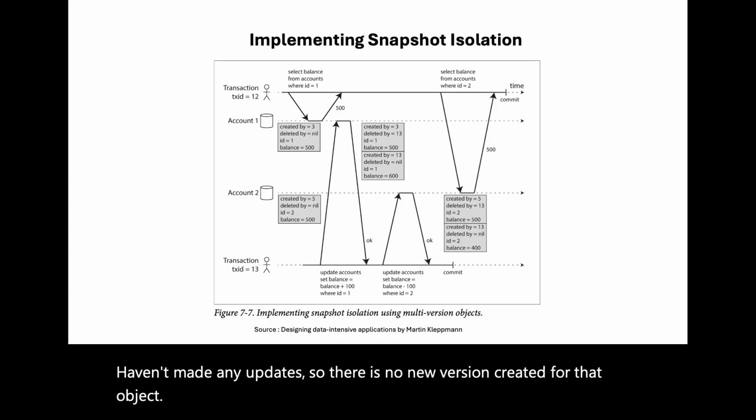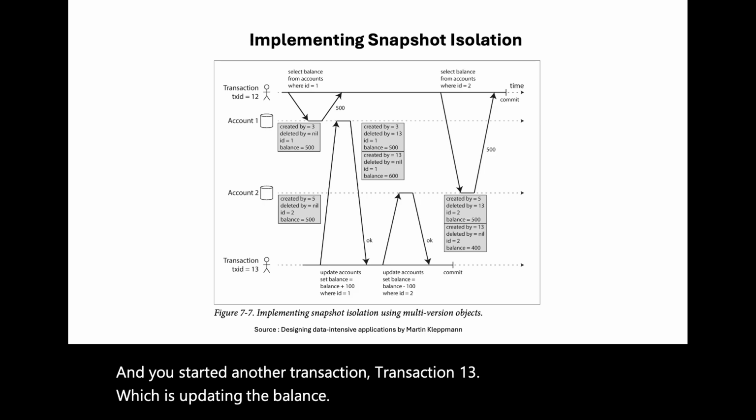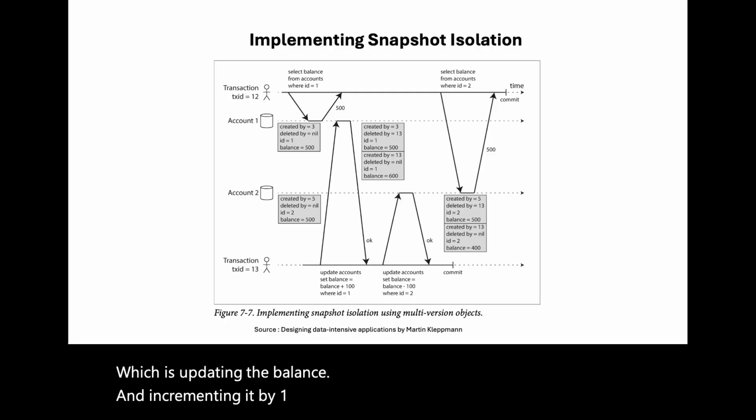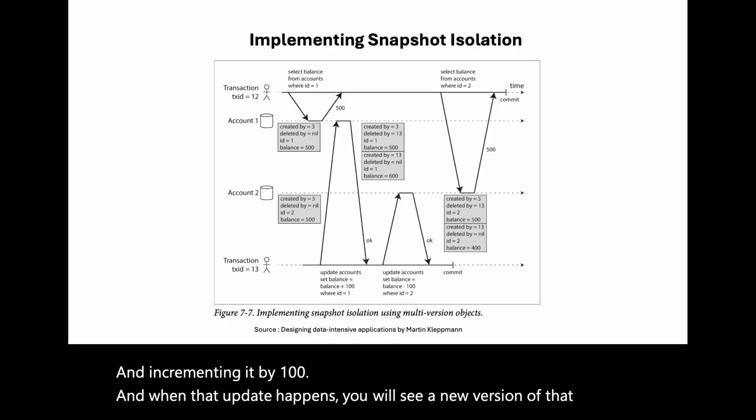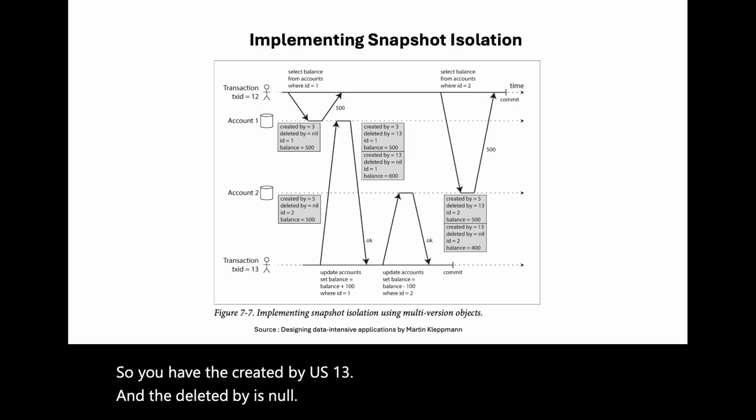And you started another transaction, transaction 13, which is updating the balance and incrementing it by 100. When that update happens, you will see a new version of that object. So you have the created by as 13 and the deleted by is null, and the balance is now 600.